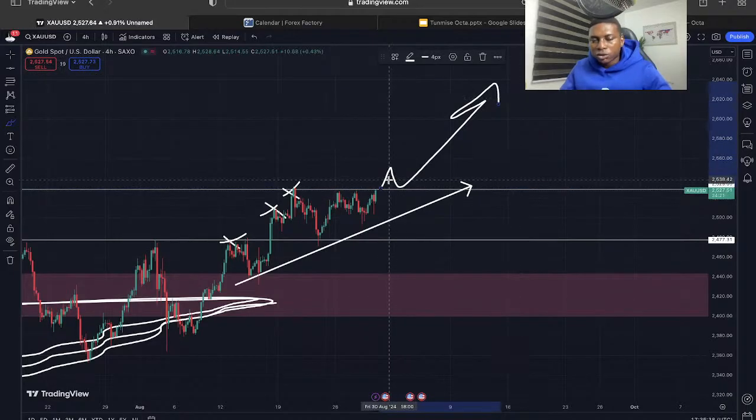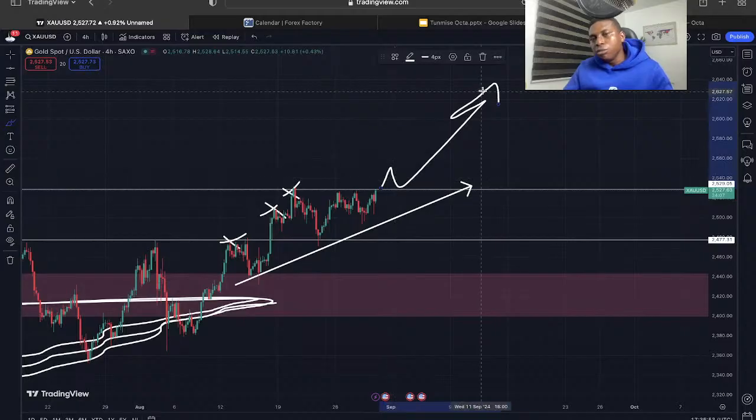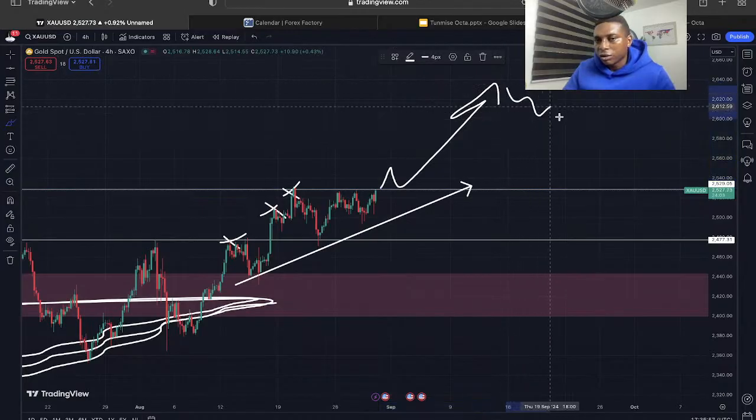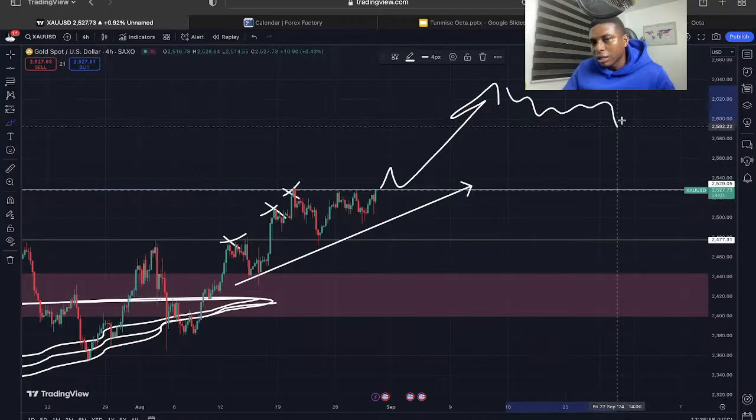That's the outlook that I have on gold. Gold is eyeing 3,000 USD. However, what we might see here at first is a move to 2,600, a few rally, and then a continuous push in price.